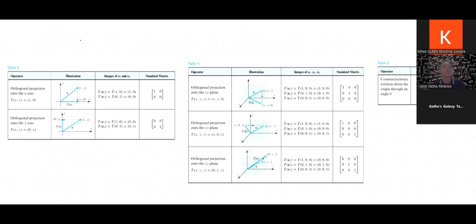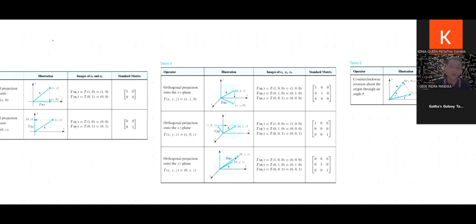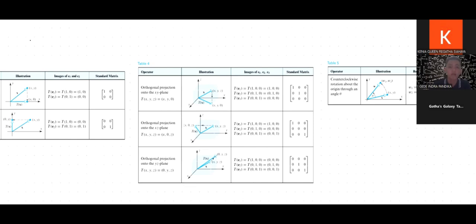So the general equation is transform x and y equals 0 and y. So in this we have to change the value of x from 1 to 0, and the value of E2 does not change. So the standard matrix will be 0, 0, and 0, 1.